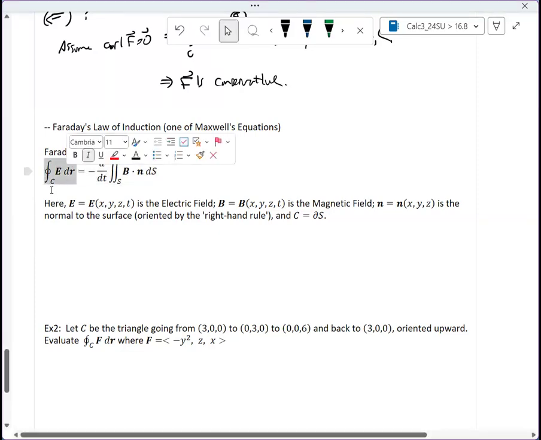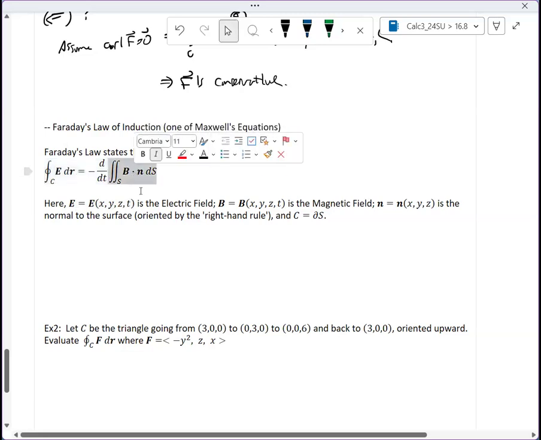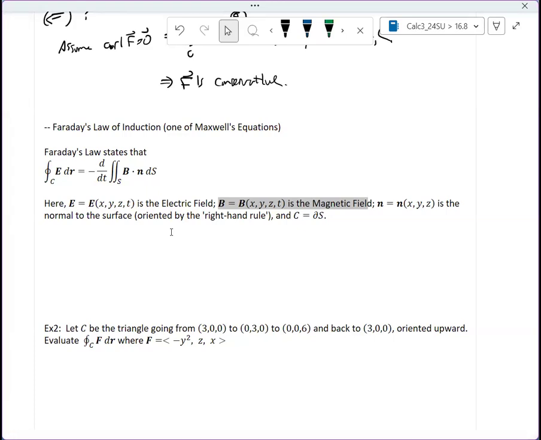So what does this say? This says the line integral over a closed curve of the electric field, E, negative the surface integral, the integral over a surface of the magnetic field. Here we're thinking of these fields as being functions of space as well as time. They can vary in time as well. A surface integral is going to integrate over space, over x, y, z, but not over t.